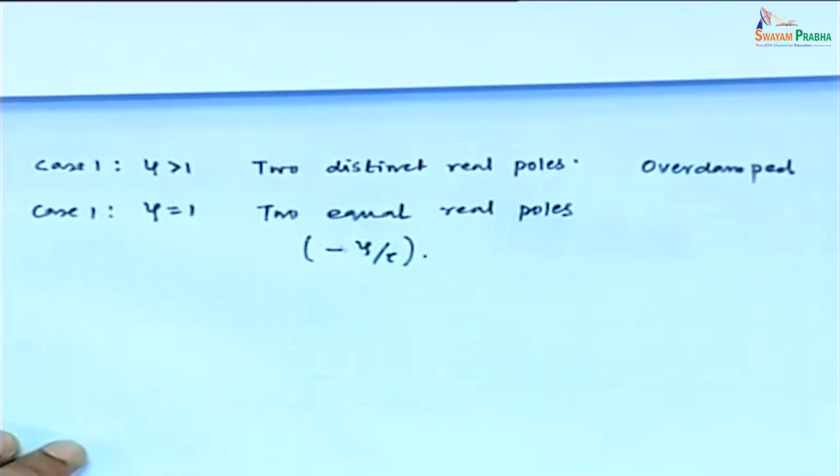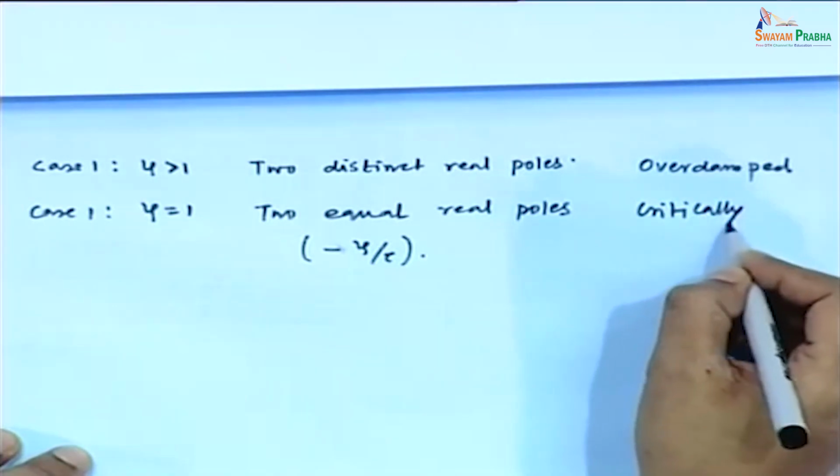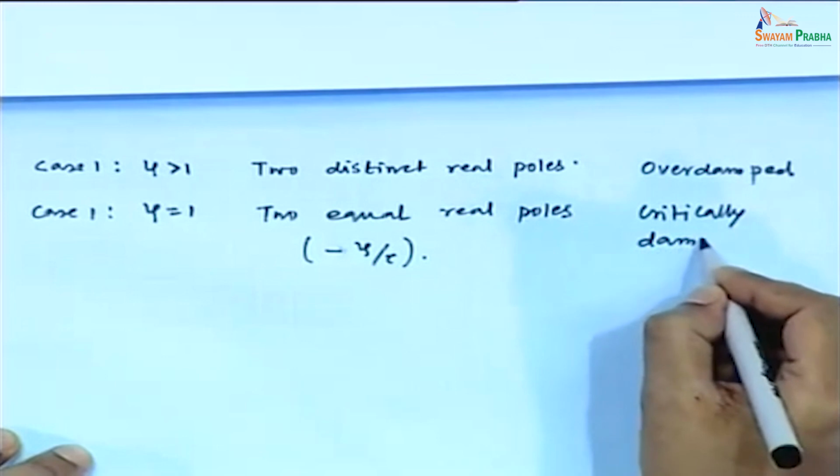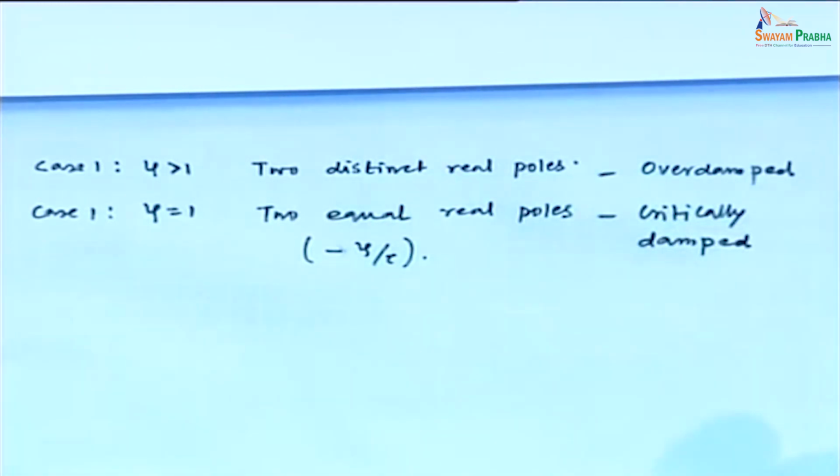We obtain for the case of zeta equals 1 a single real pole, and that is minus zeta divided by tau. Then the corresponding system response is called critically damped response. So, when zeta equals 1, the response is critically damped.